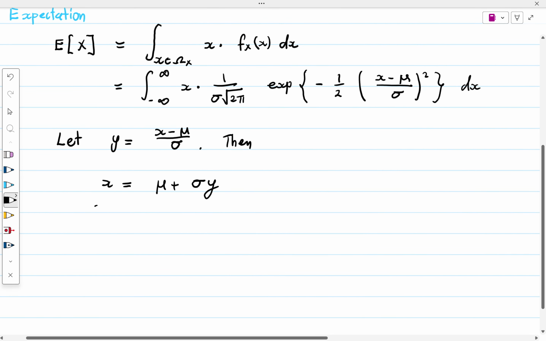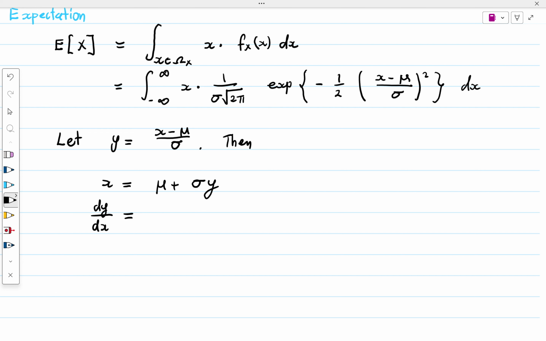We also get that dy on dx is equal to, well, we have a linear function in x, where 1 on sigma is the constant out the front. So the derivative of something times x is just the something, which is the 1 on sigma. And therefore, if we rearrange this equation, dx can be rewritten as sigma dy.